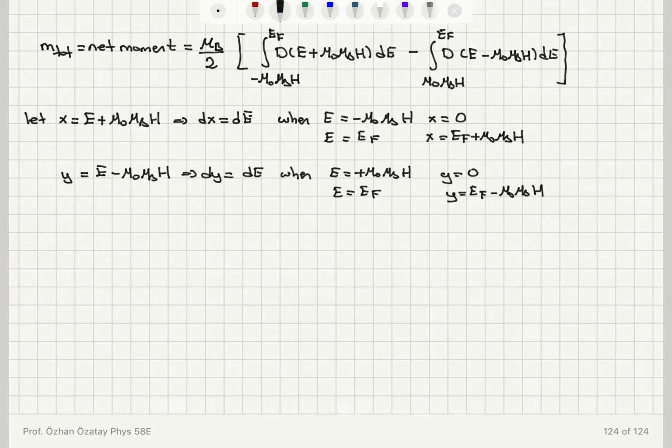When energy is equal to E Fermi, y is equal to E Fermi minus mu 0 mu b h. So with this transformation, my total up moment becomes Bohr magneton over 2, the integral.